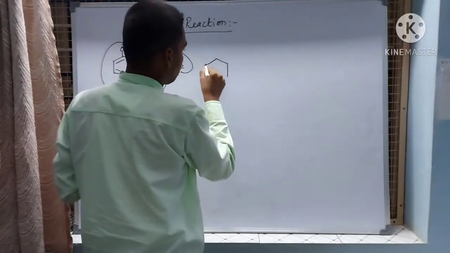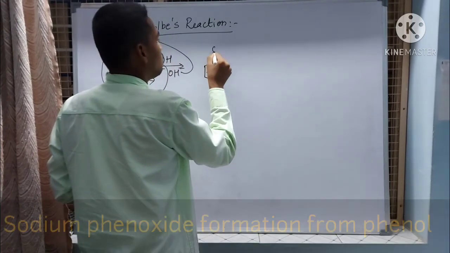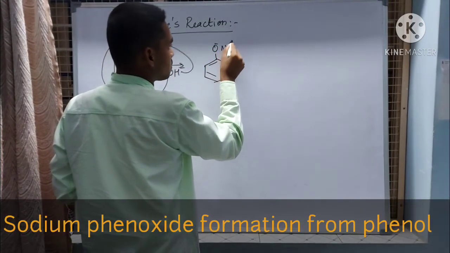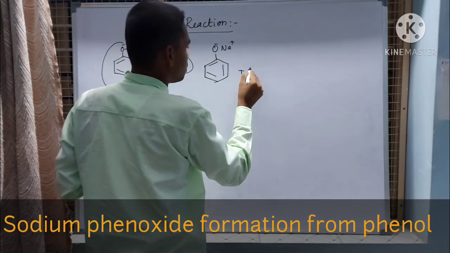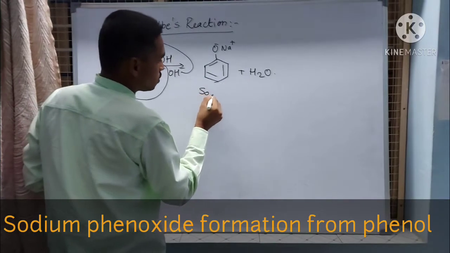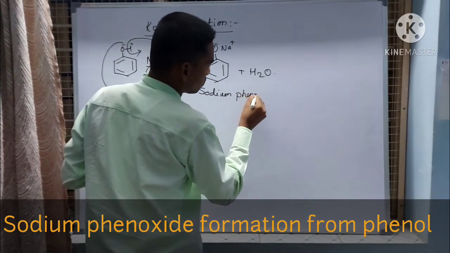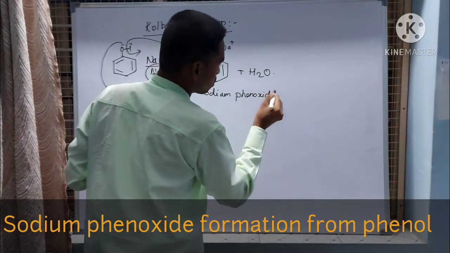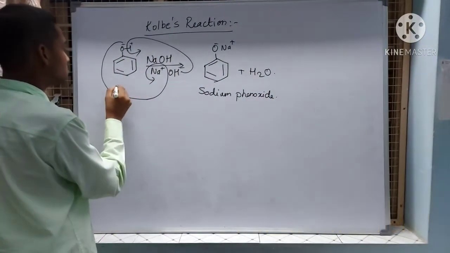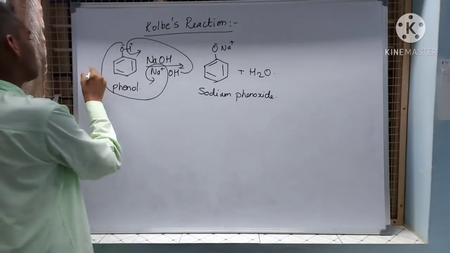So resulting in the formation of O minus Na plus, leaving group will be water, right? This is called as sodium phenoxide, and this is phenol. This is the first step.